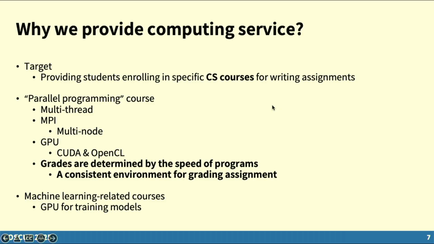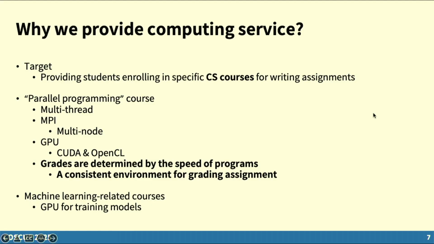So why do we provide a computing service? Because we have some target users. Our target users are students who enroll in CS courses. They need to write assignments, and they may have insufficient resources. Like our biggest user, parallel programming. They will use several methods to make programs faster, including multi-thread and MPI, which use multiple nodes.